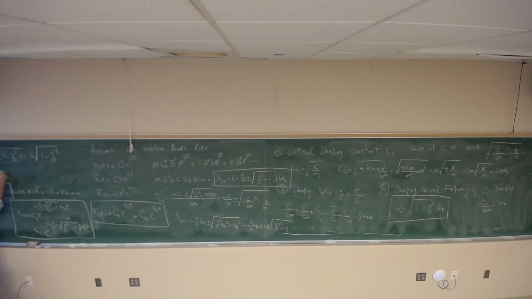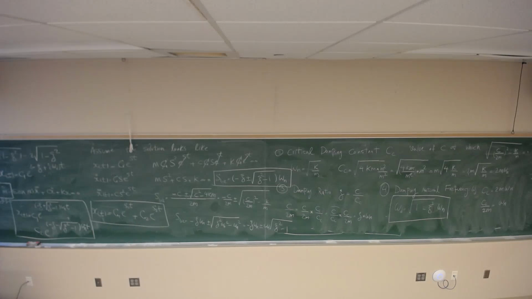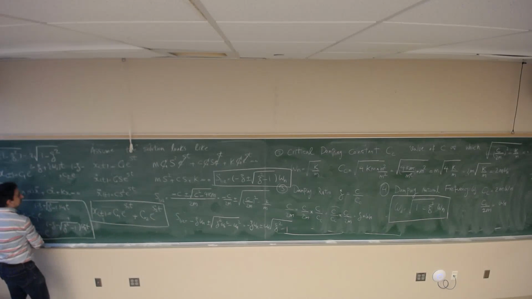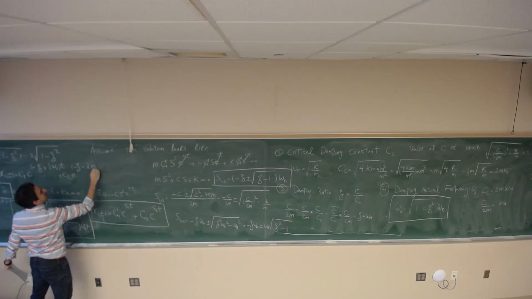So if I rewrite the response of the system, it's going to be C1 e to the power negative zeta omega n plus i omega d, times t, plus C2 e to the power negative zeta omega n minus i omega d, times t.